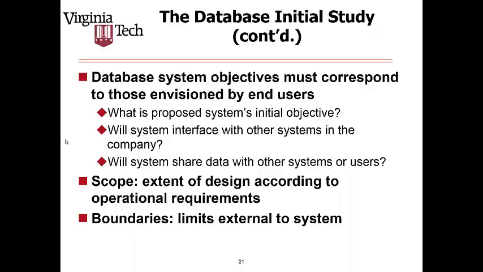Now, some of the more interesting things is when you have systems that interface with other systems, and of course data sharing now is a very important aspect of many different systems. Well, when you're doing these systems, you want to only do the scope that is needed by the user. That has been a problem in the past, where people have made systems that are not just limited to the requirements, because with just a little bit of this and that, you make a much better system with much more capability, more general things like that.